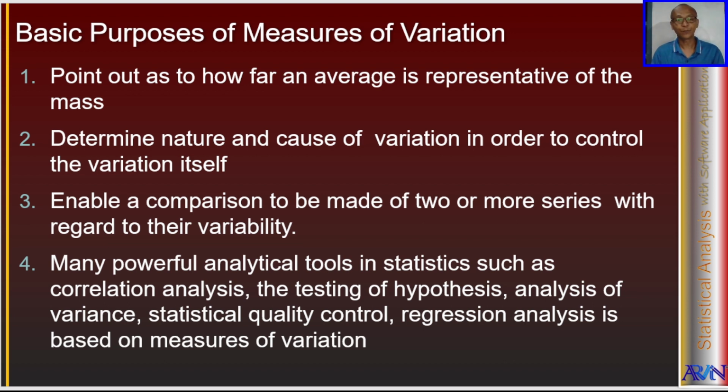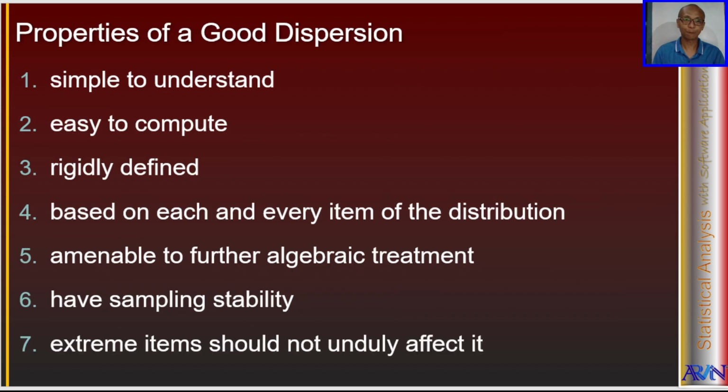And lastly, there are many powerful tools in statistics such as correlation analysis, testing of hypotheses, analysis of variance, statistical quality control, regression analysis, which is normally based on measures of variation.